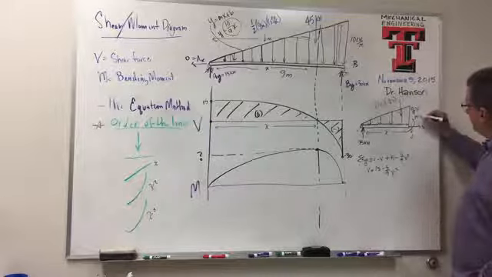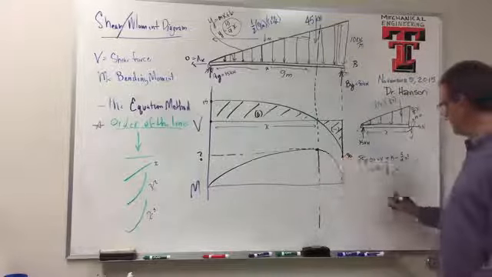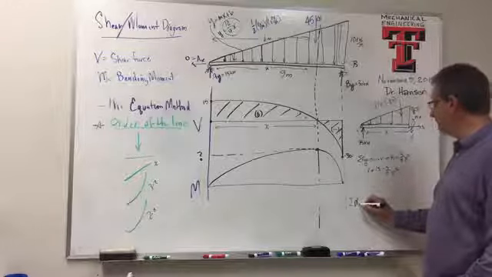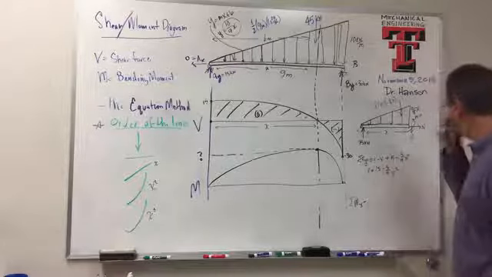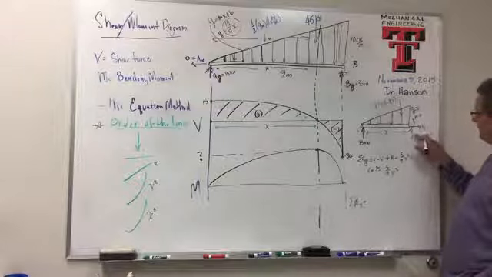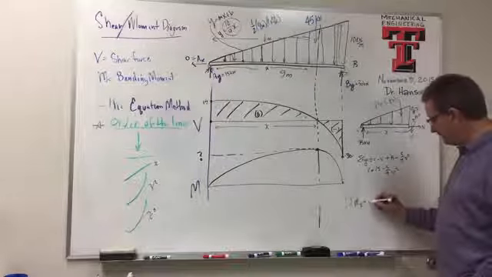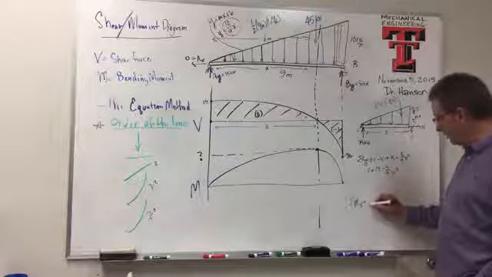Then can I write an equation for M? How about the sum of the moments at a distance x? All the M, V, and N are knocked out, but you never knock out moments. I've drawn M counterclockwise, which is positive.